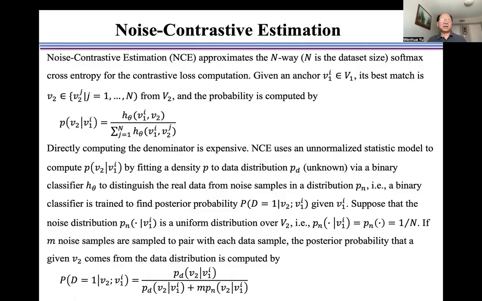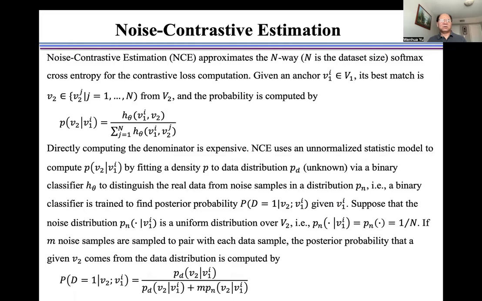Namely, a binary classifier is trained to find posterior probability P given V1_i. Suppose that the noise distribution P_n is a uniform distribution over V2, namely P_n is equal to 1 over n.